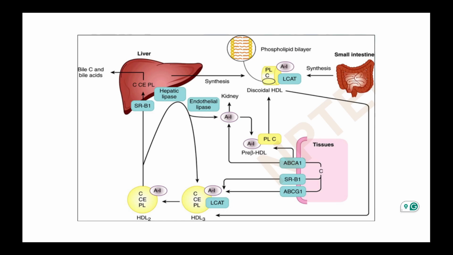So it's kind of a cholesterol cycle. Also, HDL is important because it's a carrier of all the other apoproteins that are required for VLDL and LDL metabolism. So LCAT, or lecithin cholesterol acyltransferase, converts the cholesterol to cholesterol esters.